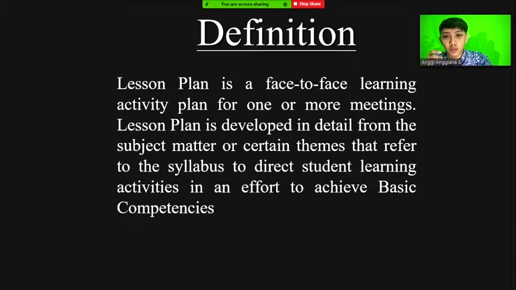So the lesson plan is different from the syllabus. The syllabus was made by the scientists in the government, meanwhile the lesson plan or RPP was made by the teacher, in their own version.